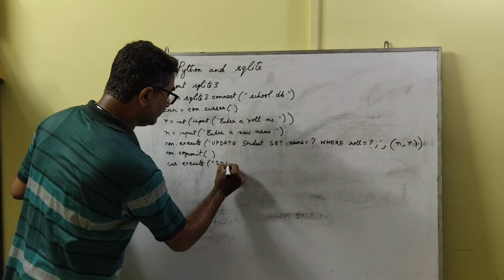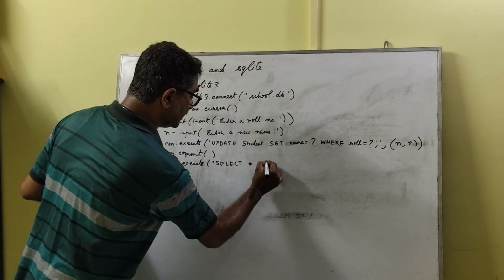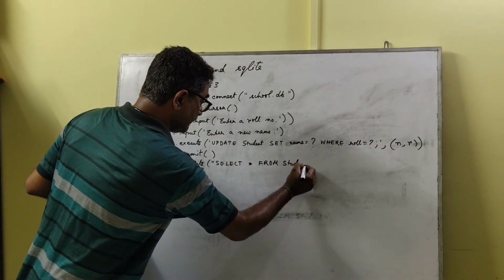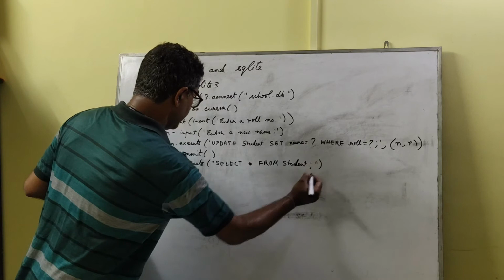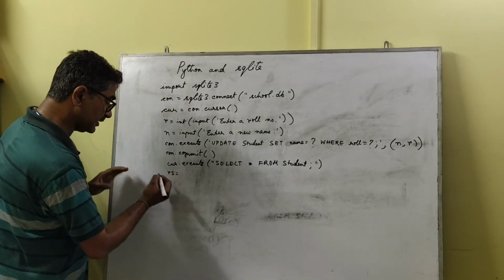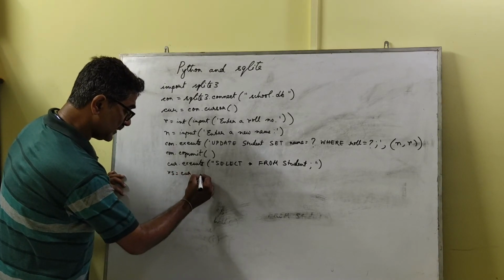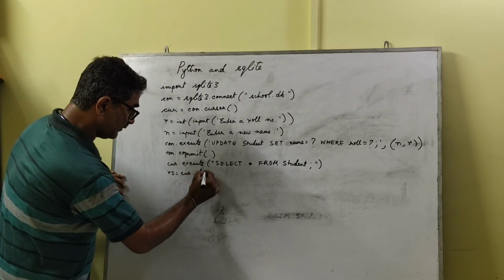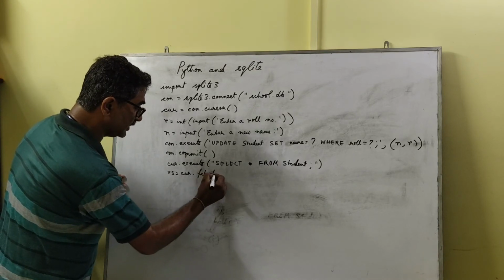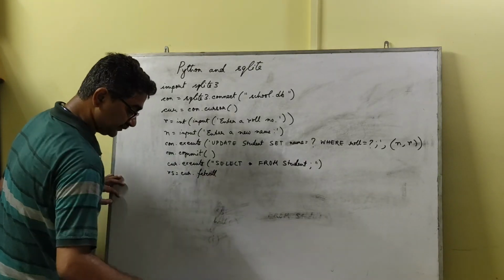We can issue the same command which we have given earlier: select star from student. And now we can write rs to get the result set: cursor dot fetch all. The fetch all function, you might be remembering, will fetch all the records which follow this particular query.